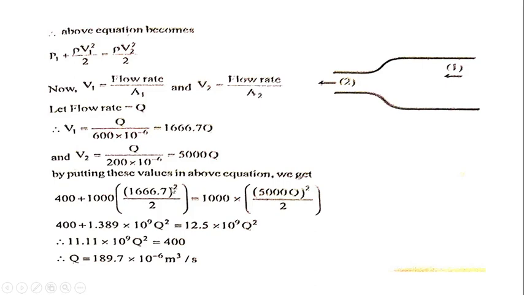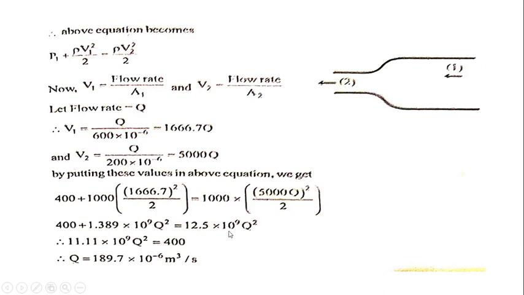By putting these values in the above equation, we get 400 plus 1000 into 1666.7 bracket square upon 2 equal to 1000 into 5000 Q bracket square upon 2, that is 400 plus 1.389 into 10 raised to 9 Q square equal to 12.5 into 10 raised to 9 Q square.